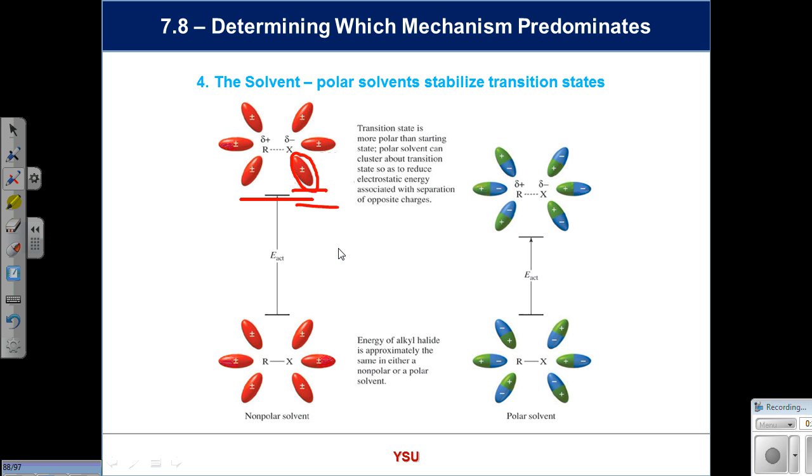Polar protic even better for the SN1 because this is good. Over here we've got the possibility now of the opposite. Maybe we can also help stabilize the carbocation. And so again, it's sort of evidence for SN1. Polar protic is good because they can help stabilize what's happening. SN2, polar protic is bad because they help stabilize what's happening. You don't want that in the SN2.